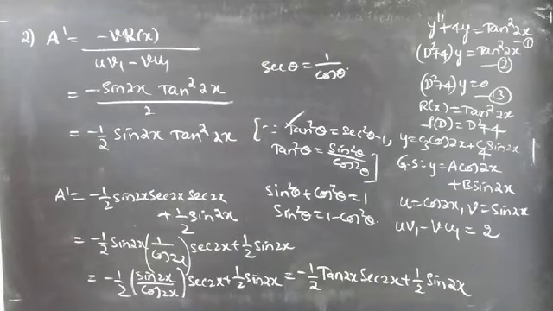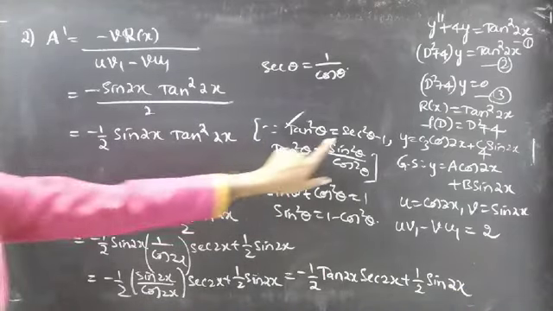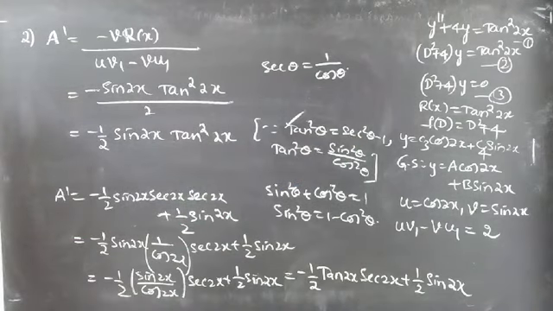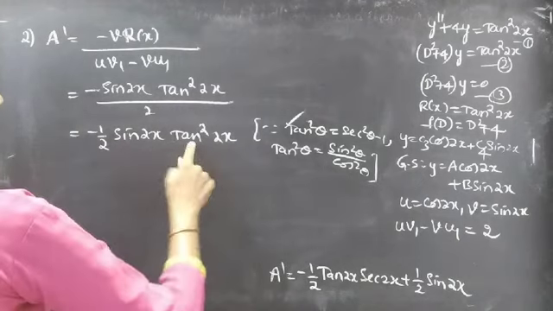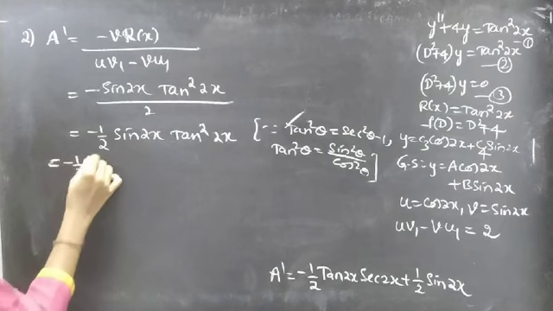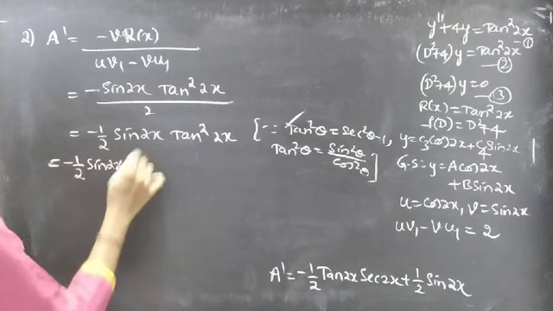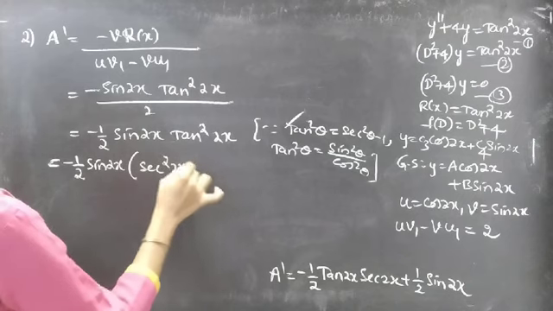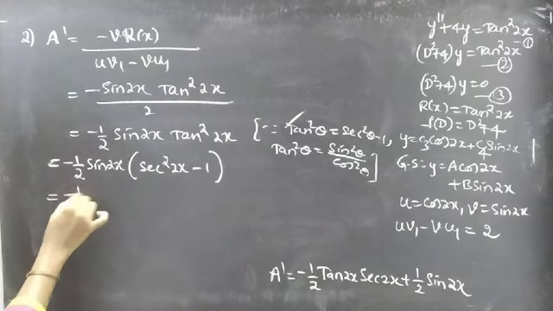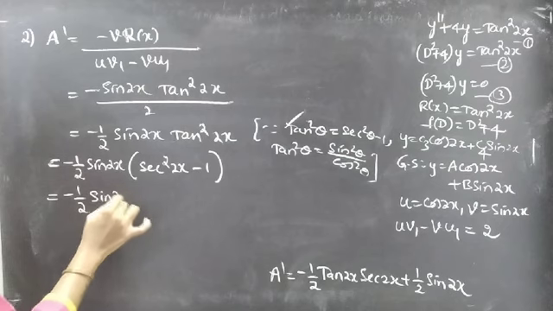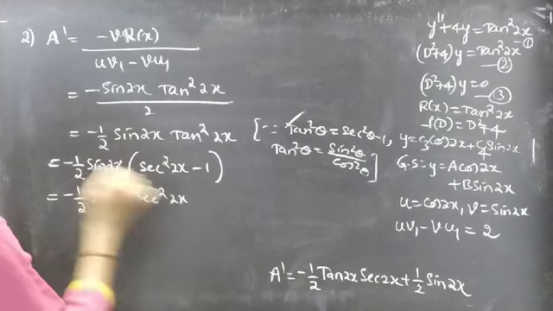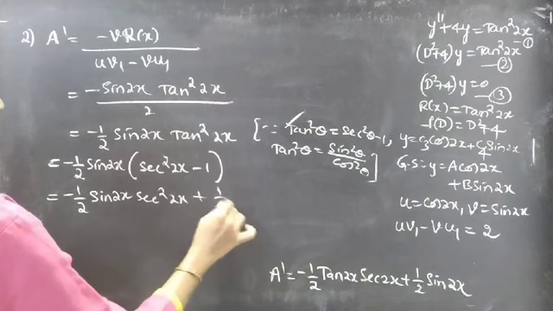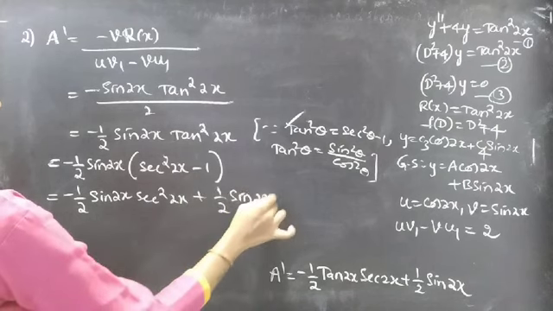Okay, what happens if we replace tan square 2x with secant square theta minus 1? Let's see that directly. I'm going to replace tan square 2x with secant square 2x minus 1. This becomes minus 1 by 2 into sine 2x into secant square 2x, minus into minus plus 1 by 2 sine 2x, right?